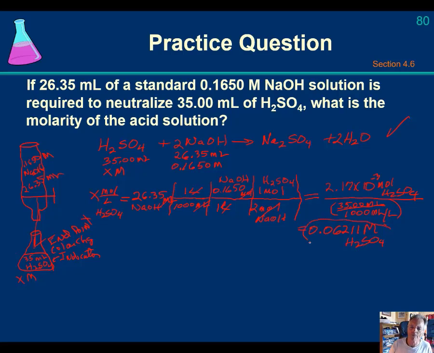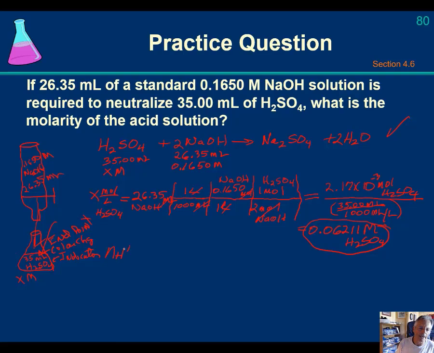That is the concentration of H2SO4 that was originally, before we began our titration, in the Erlenmeyer flask. Now that I've shown you the stoichiometric method for solving that, let's take a look at the other method.